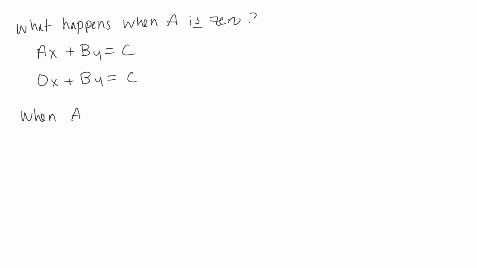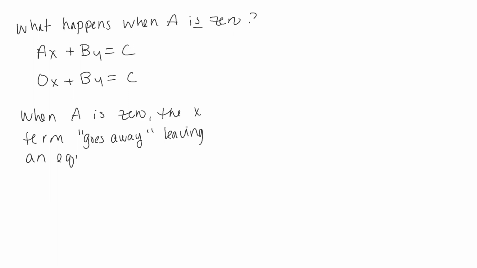Well, in this case, when a is 0, the x term goes away. And again, I'm going to use those little air quotes, goes away, leaving an equation with just y. Okay, so if a is 0, the x term goes away, and then I'm left with just an equation containing a y, by equals c.